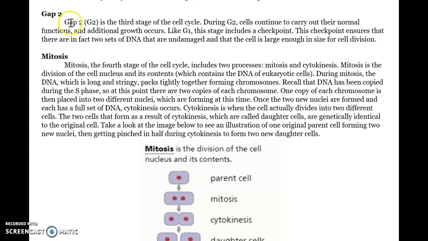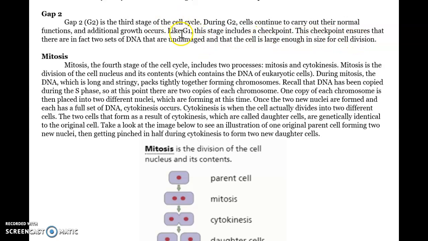Gap 2. G2 is the third stage of the cell cycle. During G2, cells continue to carry out their normal functions, and additional growth occurs. Like G1, this stage includes a checkpoint. This checkpoint ensures that there are in fact 2 full sets of DNA and that the DNA is undamaged. It also checks to make sure that the cell is large enough for cell division to happen.